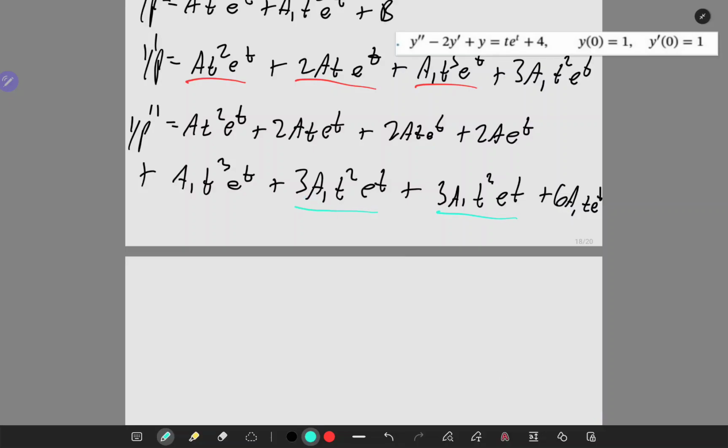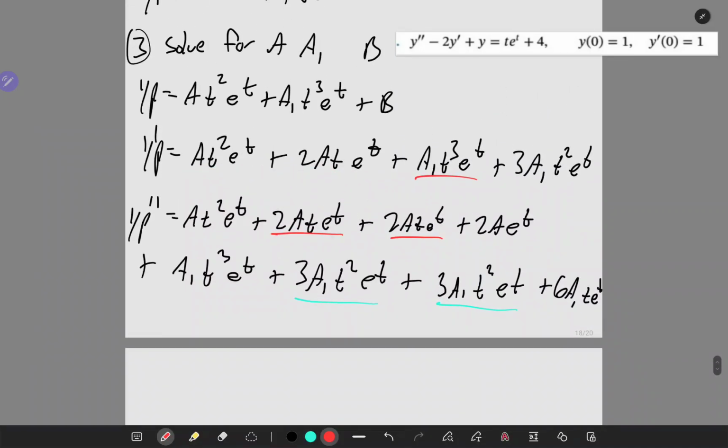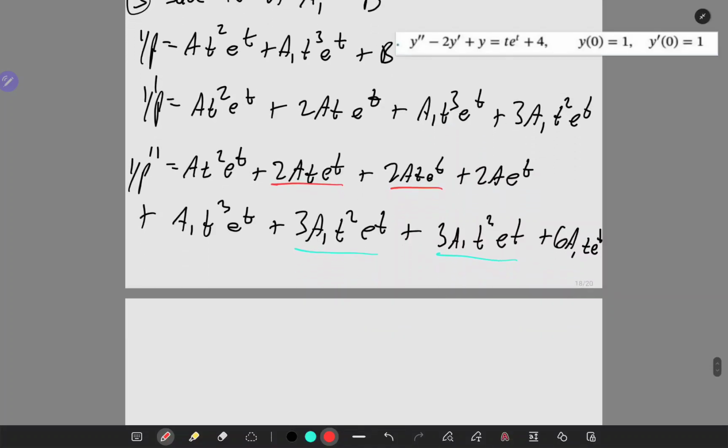So this and this combine. This and this combine. Okay, those are the only ones that combine, I think.